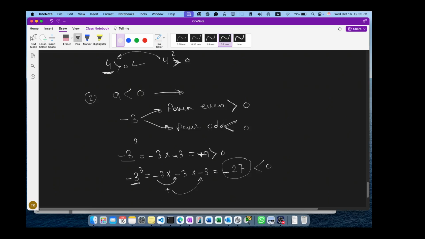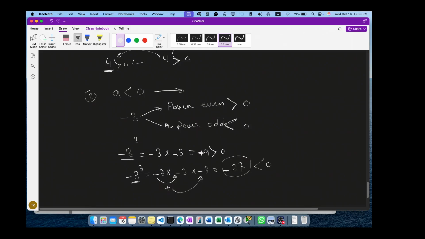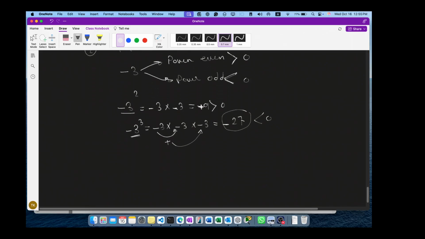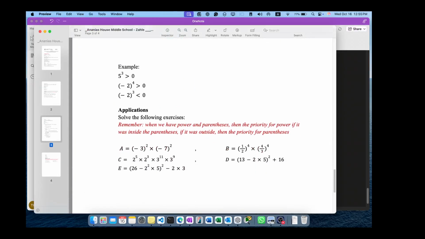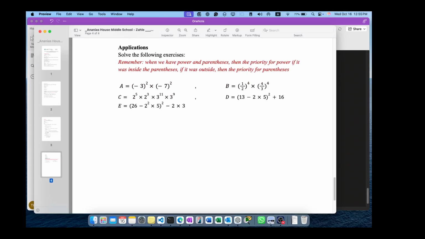Okay, guys, and please pay attention to the exercises at the end of the worksheet. Let me explain one of them for you to solve it, and I think it's easy. Pay attention.